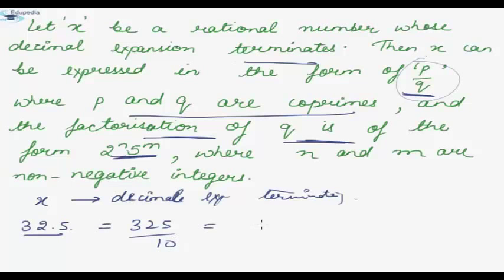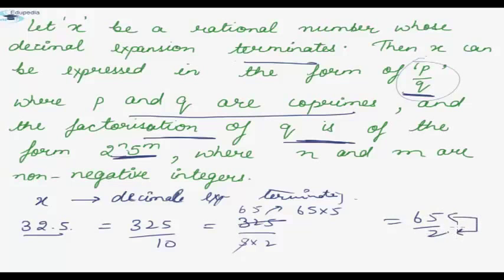But we can see that 325 will have a factor 5 and 10 will also have a factor 5, because 325 can be expressed as 65 into 5, whereas 10 can be expressed as 5 into 2. So when we cancel this 5 with this 325, we will get 65. So we will now have 65 by 2.